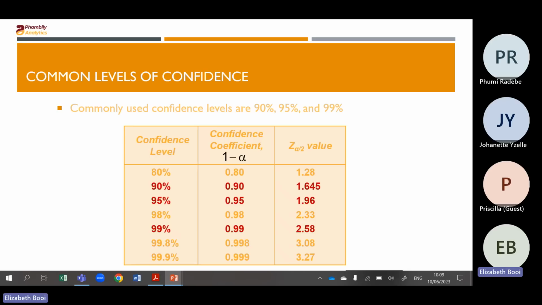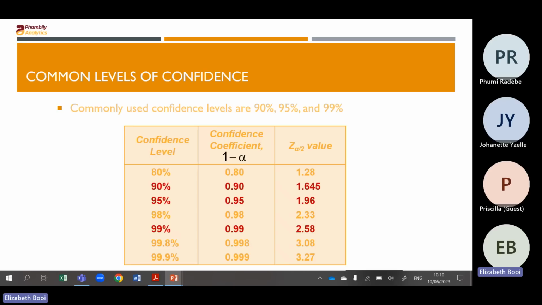You also need to remember when you're finding your critical value that there is one critical value that is an exception to the rule, which is when your confidence level is 90%, or the alpha would be 0.10.